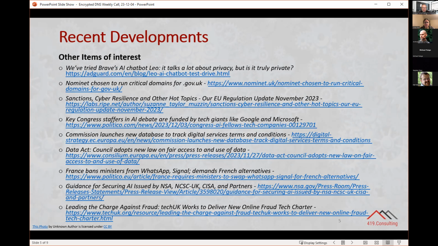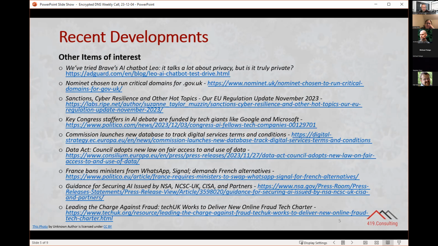Various other pieces, one from the NSA, NCSC, CISA, and others about guidance for securing AI, which is quite timely, which is no doubt why they pushed it out, and various other things.